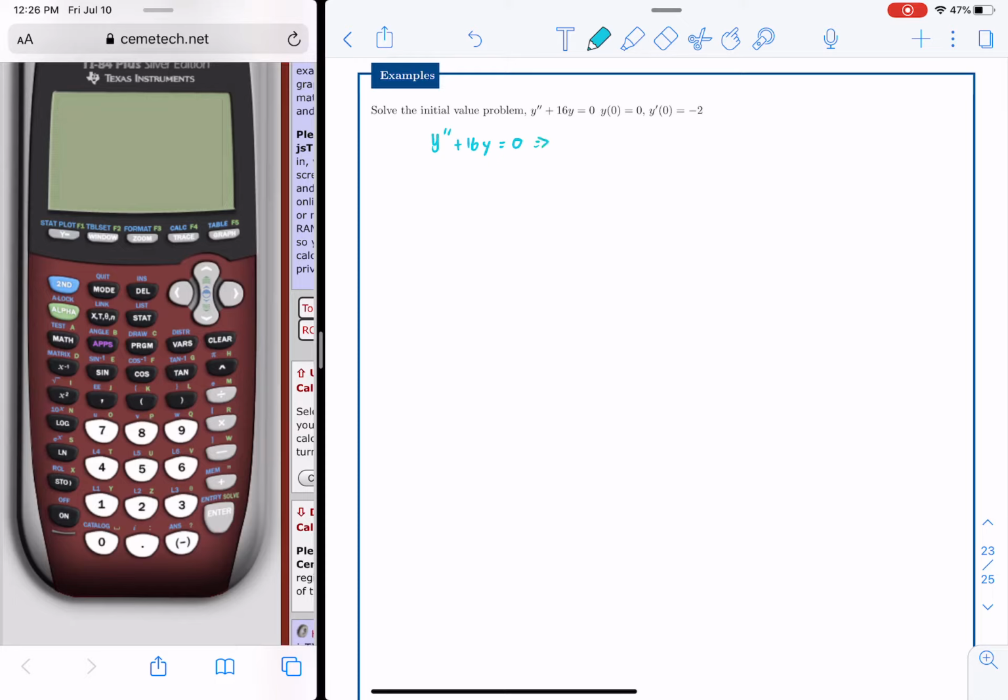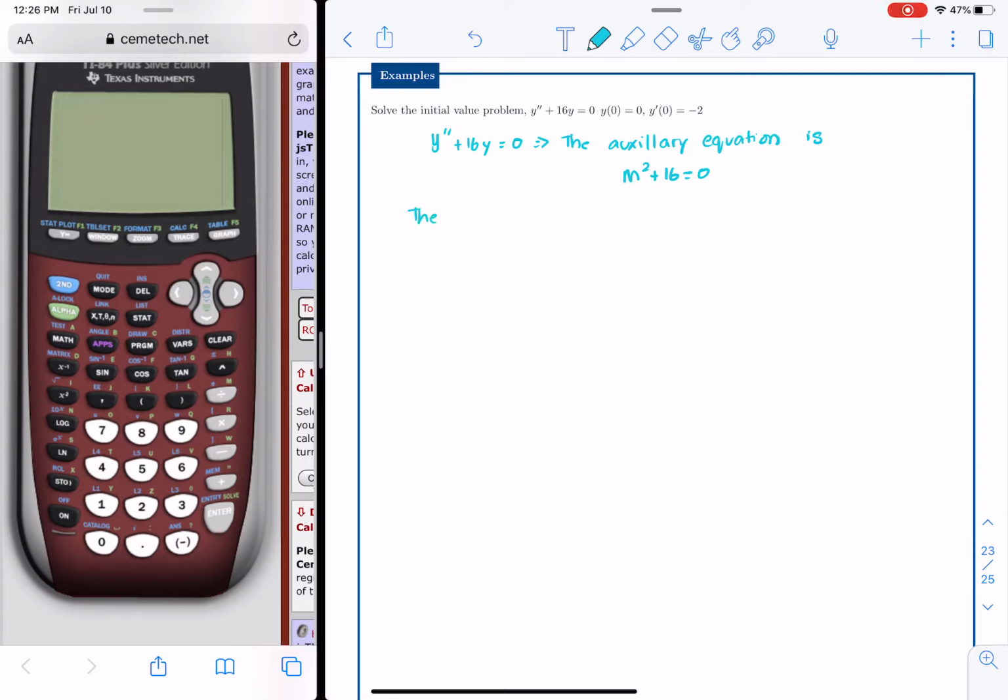So the auxiliary equation is m squared plus, there is no first derivative, so we're going to move on to the constant term, 16. Not m, it's just 16. If there is an m in the equation, then it means that there has to be a first derivative.